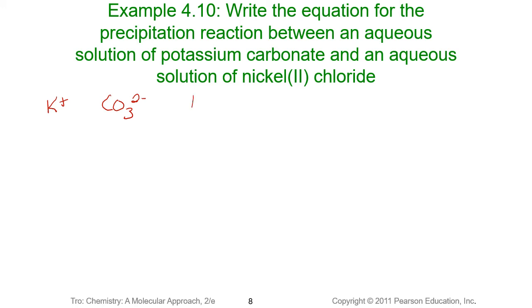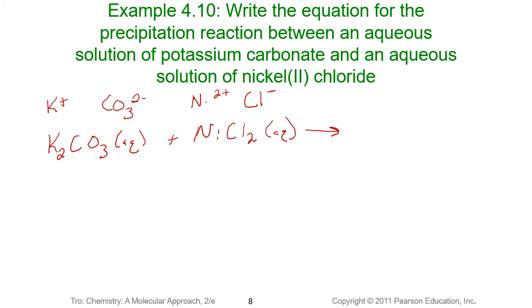All right, nickel 2, so it tells us that nickel is a +2, chloride based on its position is a -1. So it's going to take 2 potassium to balance the charge of the carbonate. It's going to take 2 chloride to balance the charge of the nickel.